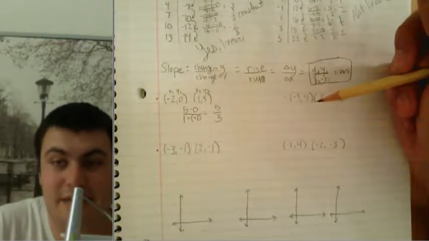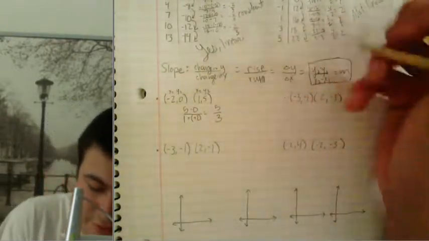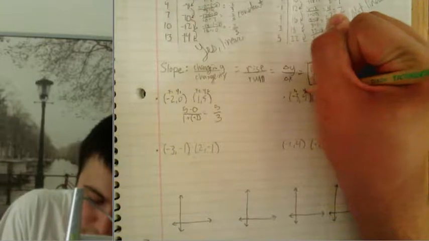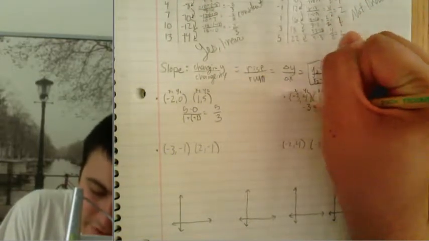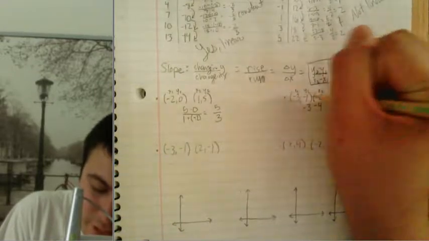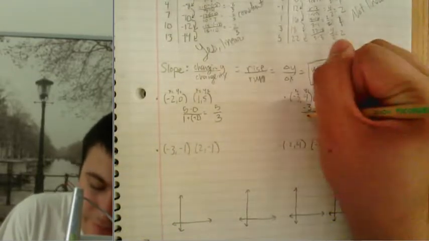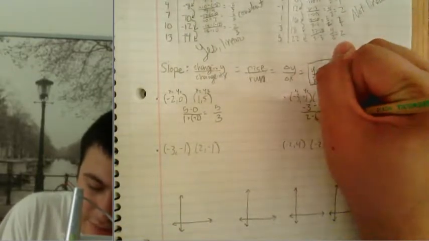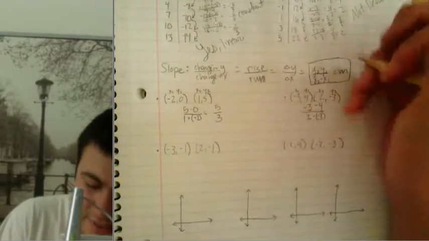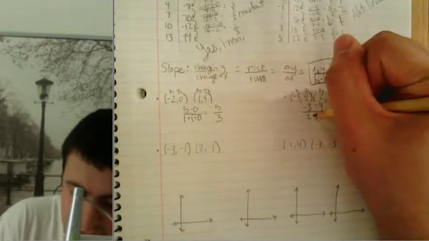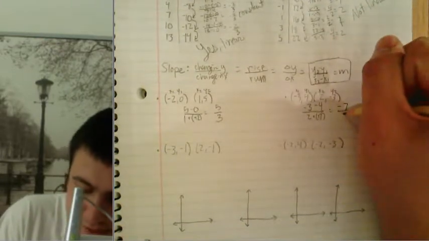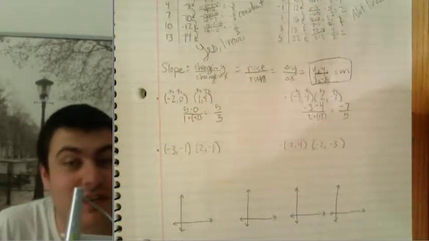If we look at -3, 4 to 2, -3, and we have x1, y1, x2, y2, we have -3 minus 4, y2 minus y1, over 2 minus -3, x2 minus x1, so we'll have -7 over 2 plus 3, that becomes 5. So you have a slope of -7/5 there.